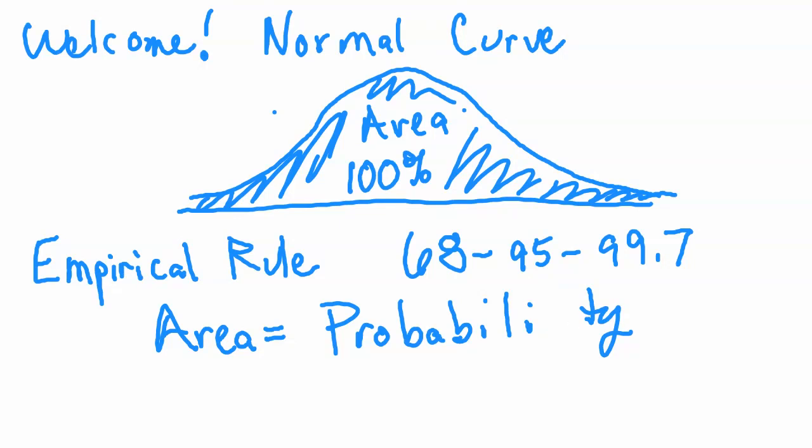With the empirical rule, we said 68% of the data is approximately between -1 and +1 standard deviations. 95% of the data is between -2 and +2. So it went like this, approximately -1 standard deviations, +1 standard deviations. The mean was 0.